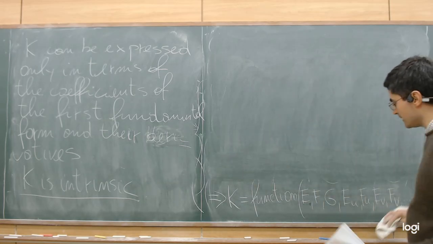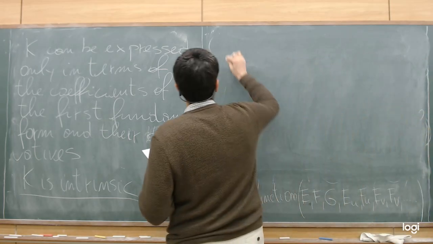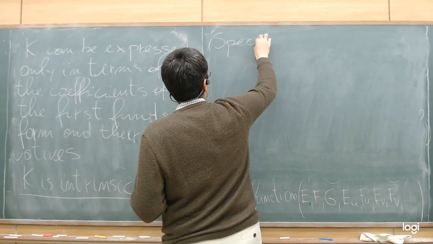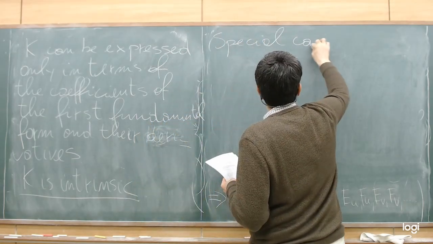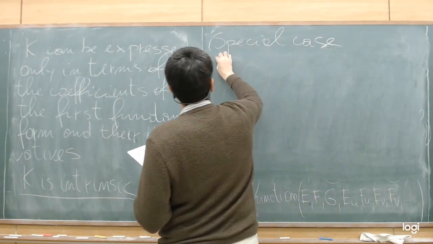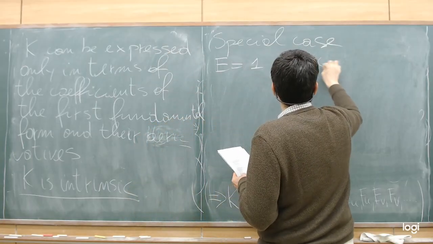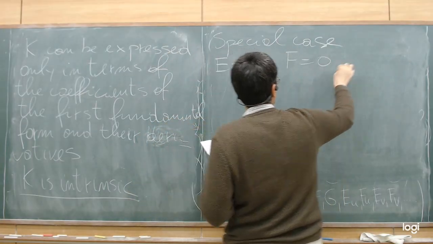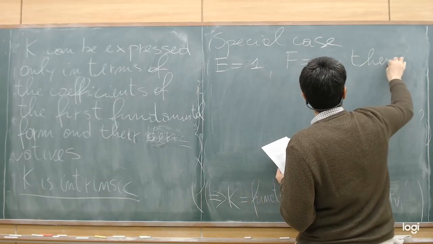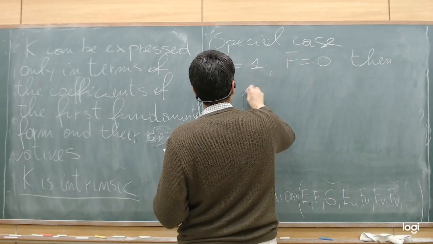In a special case, if E is equal to 1 and F is equal to 0, then K is a very simple formula.